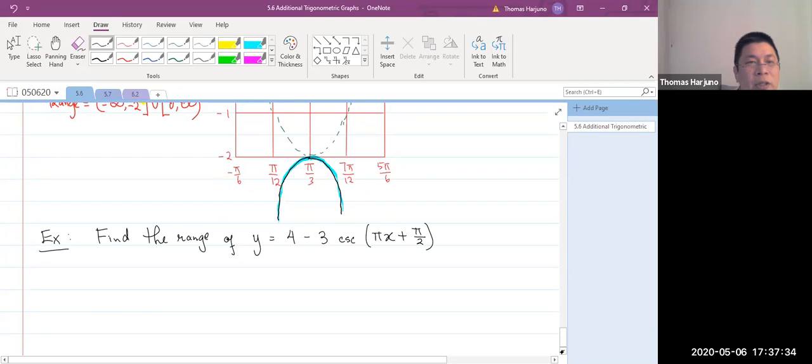The way you think will be, consider the sine version: y equals 4 minus 3 sine of whatever. What is the range here? I'll give you 10 seconds.